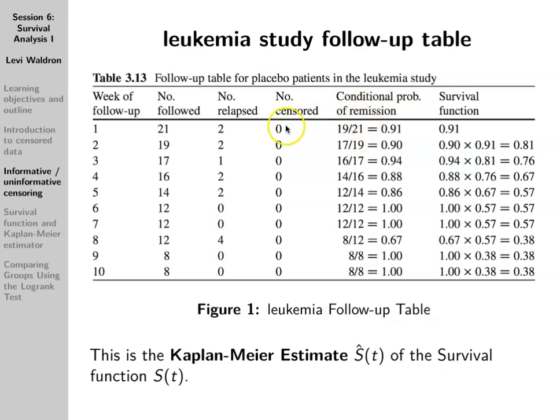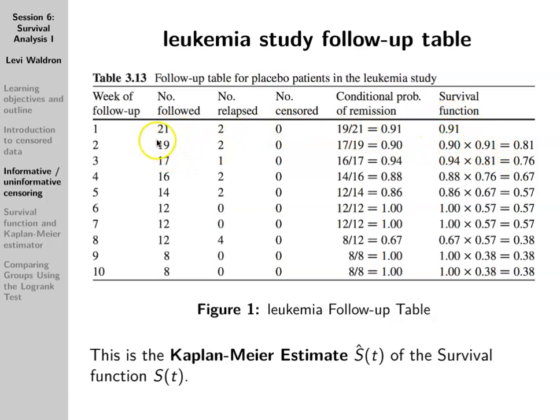But since there were 2 events, it means that there's a 2 out of 21 probability of relapse and a 19 out of 21 probability of remission. So the survival function is 19 over 21, which is 0.91. The function that I just told you on the last page, you can calculate with a calculator. There's nothing fancy about it. It's 0.91 in this week.